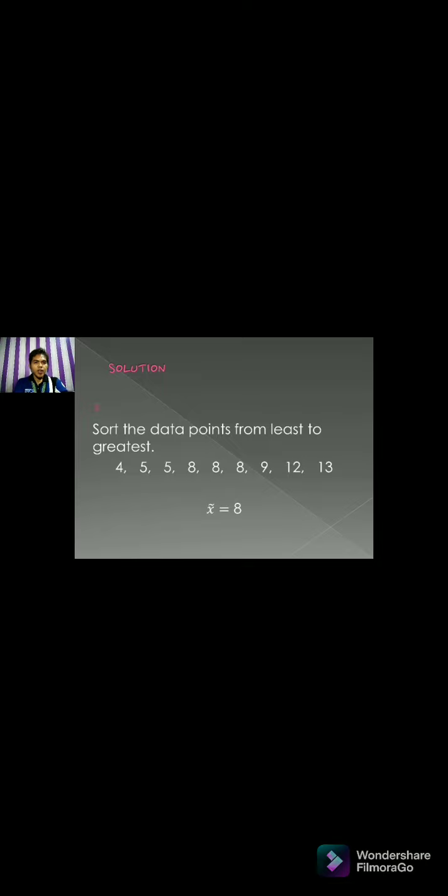And here we have an odd n, so we just get the middle number, and that will be our median. The middle number is 8, so our median will be 8.